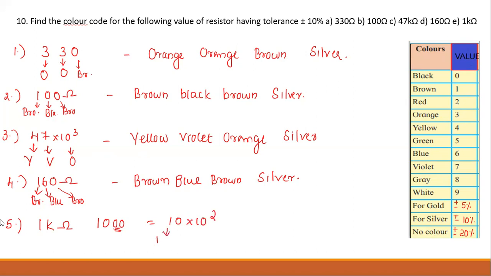So 1 is for brown, 0 for black, 2 for red. So we can write this color code as brown, black, red, and silver. I hope you all understood the solution. Let us solve the next question.